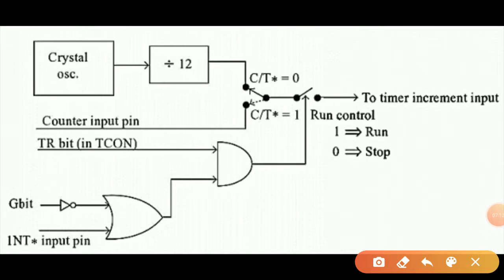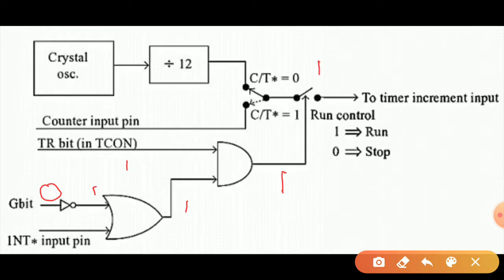When the gate bit is 0, the input and output of the OR gates are 1. When the TR bit of the TCON is made 1 here, the output of the AND gate turns 1 and this pulse is connected to the control switch here.